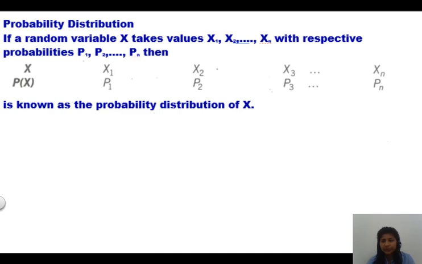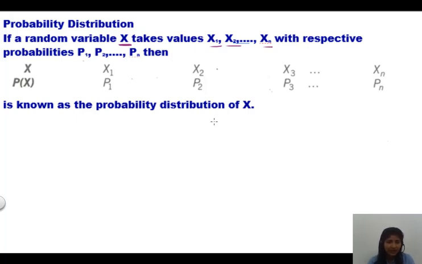Now we will move to the probability distribution. Here is the probability distribution definition. In this it is saying if a random variable is there and it is taking the values as x1, x2, ... xn, as we considered in the previous example, the values for the random variable were 0, 1, 2, 3.